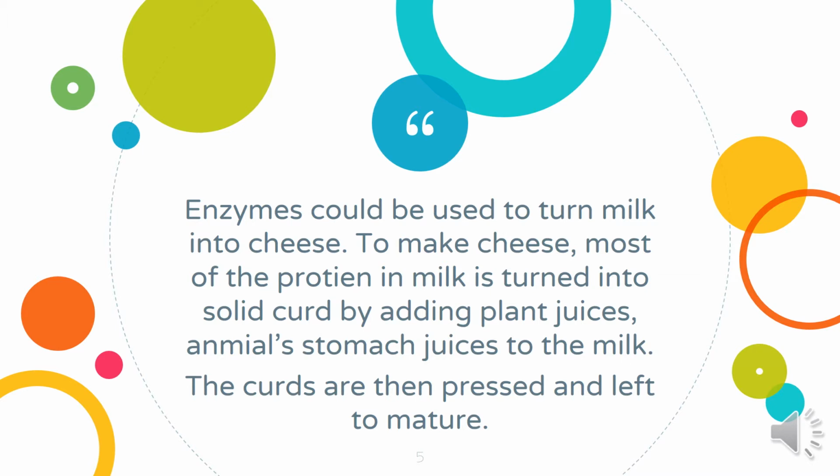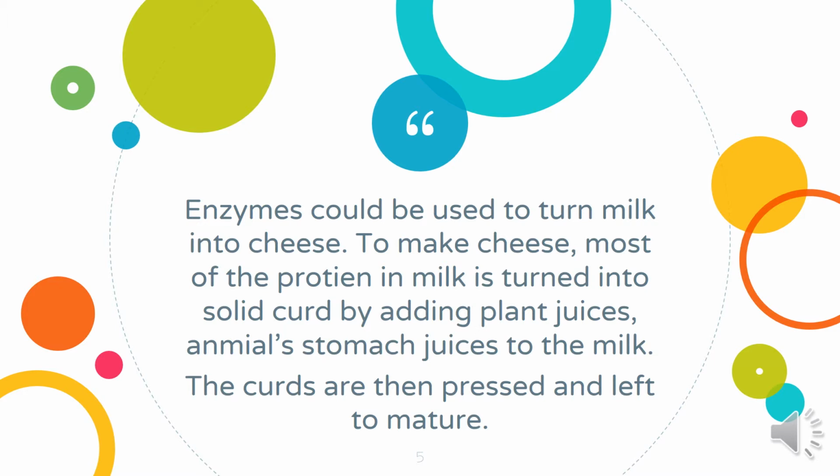So we add an enzyme, and as we discussed, protease is the type of enzyme that acts on the protein to convert the protein into amino acids. So we add the enzyme to turn the milk into cheese.